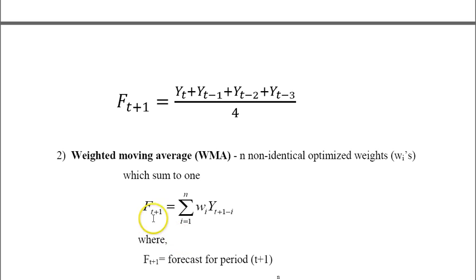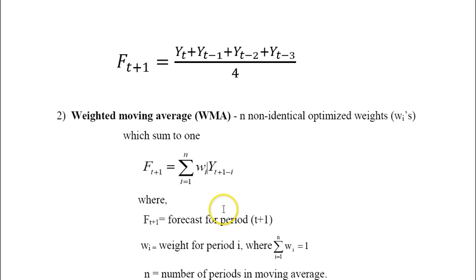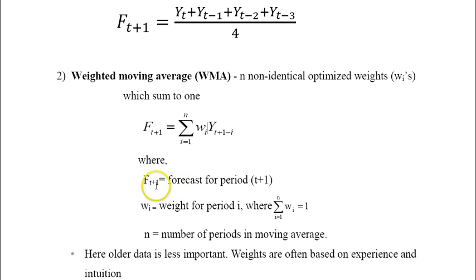And so my ft plus 1 would be, I take each one of the previous months' sales up to n months and multiply that by a weight and add them up. Where, remember, ft plus 1 is the forecast for period t plus 1, wi is the weight for period i, where all the weights should add up to 1, and n is the number of periods in the moving average.